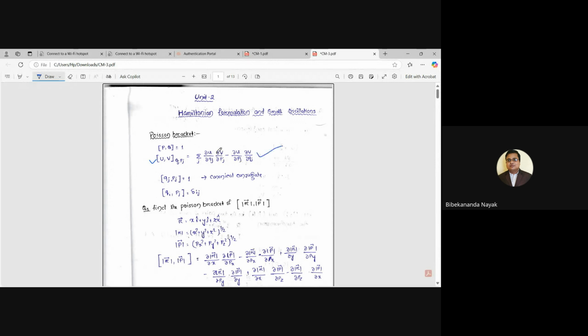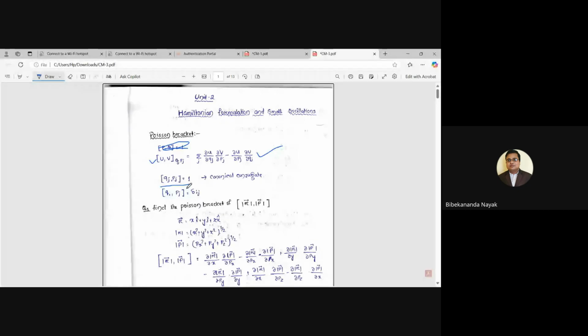Now in place of u put qj, in place of v put pj. So what do you get? Del qj by del qj is 1, del pj by del pj is 1, minus 0. So if they satisfy this, qj pj is 1.